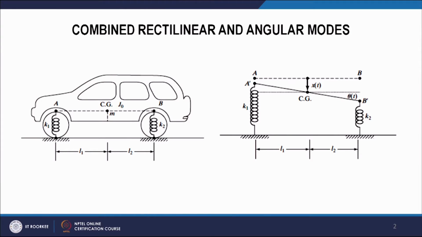But there are some mechanical systems where there are two motions, one linear and the other angular. So, here we can see one example of a car, with the stiffness elements K1 and K2, and the center of gravity of the car.